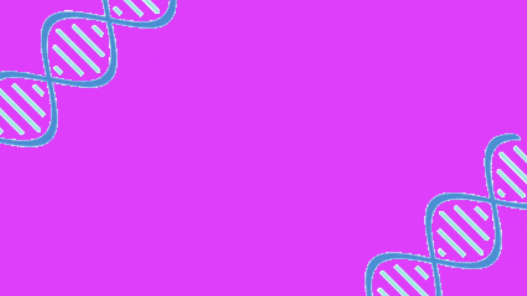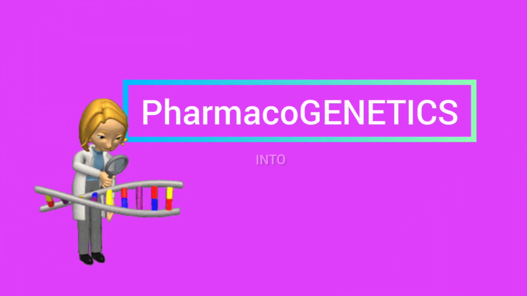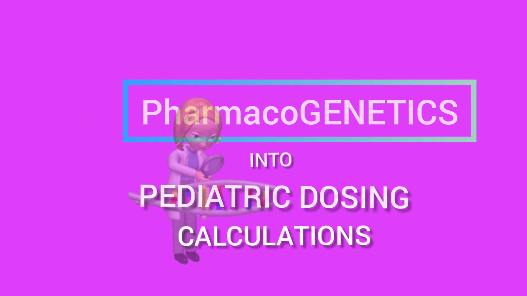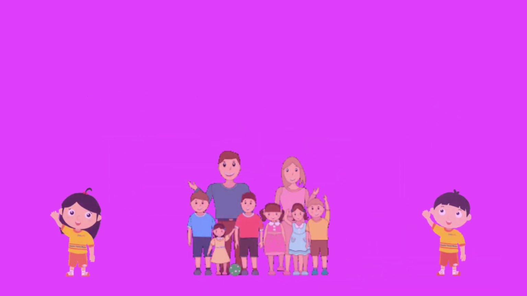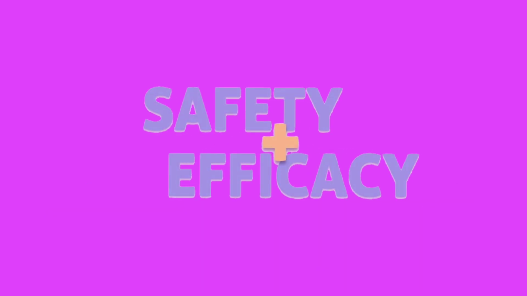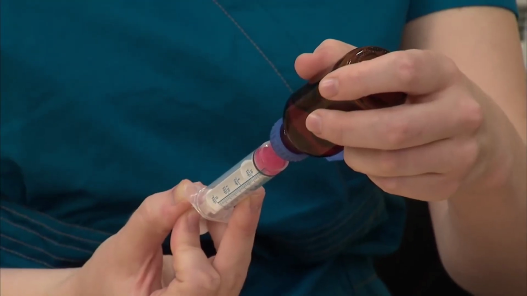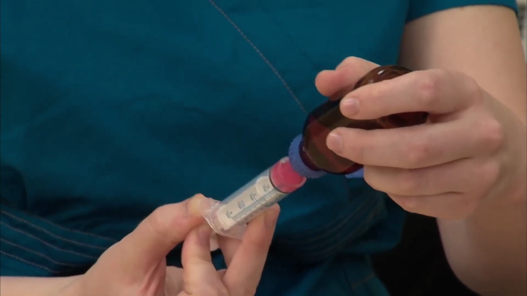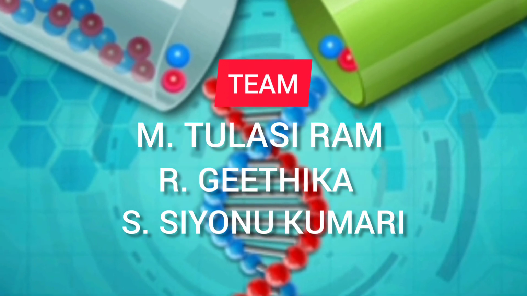When we include the concept of pharmacogenetics in pediatric dosing calculations, then we can get a better personalized medicine for each and every child without any compromise of safety and efficacy. Let's hope for dosing calculations which also include pharmacogenetics in the very near future.